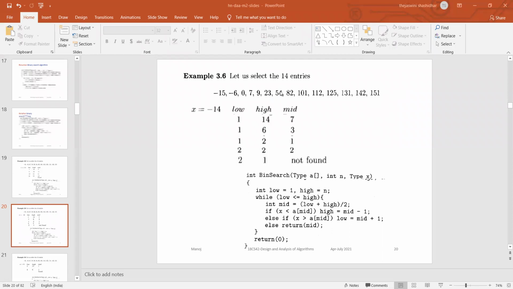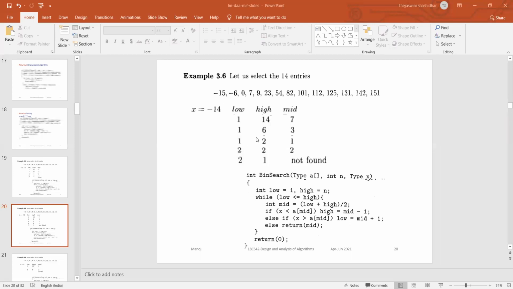Now again 1 plus 6 is 7 by 2, which is 3.5. You take it as 3. So what is the middle element? 1, 2, 3. That is 0.